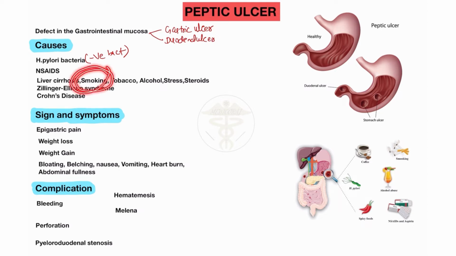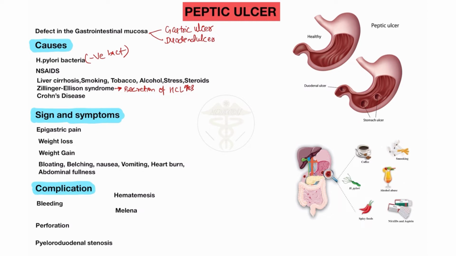Smoking, tobacco, long time consumption of alcohol, stress, steroid consumption, Zollinger-Ellison syndrome and Crohn's disease also cause peptic ulcer. Zollinger-Ellison syndrome is the syndrome in which you will see an increase in the secretion of HCl. I will discuss this syndrome and also Crohn's disease later in detail. So these all cause the peptic ulcer.